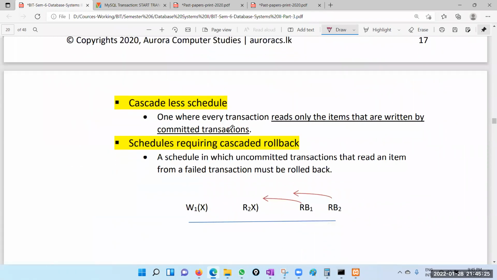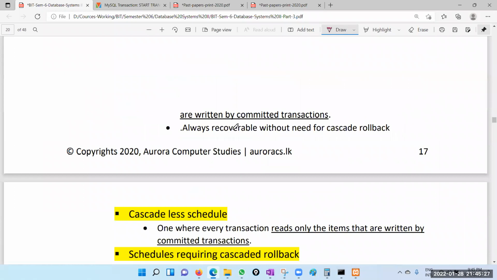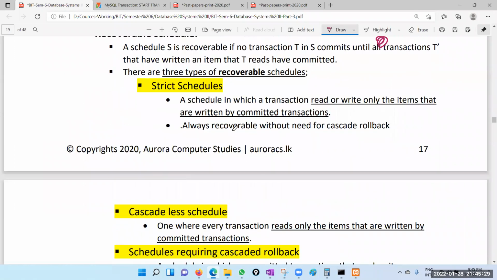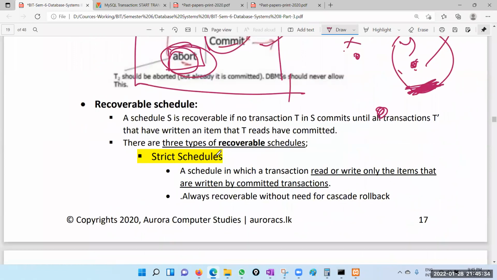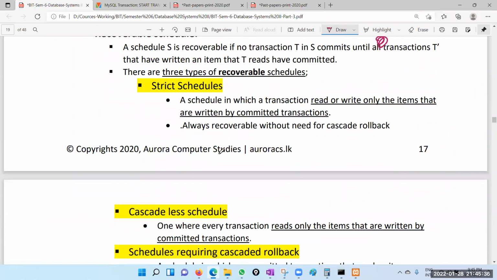Okay, so recoverable schedules are of two types. This is anyway unrecoverable, right? Some schedules are strict schedules, so they are always recoverable without any issue. Then some schedules are cascadeless.